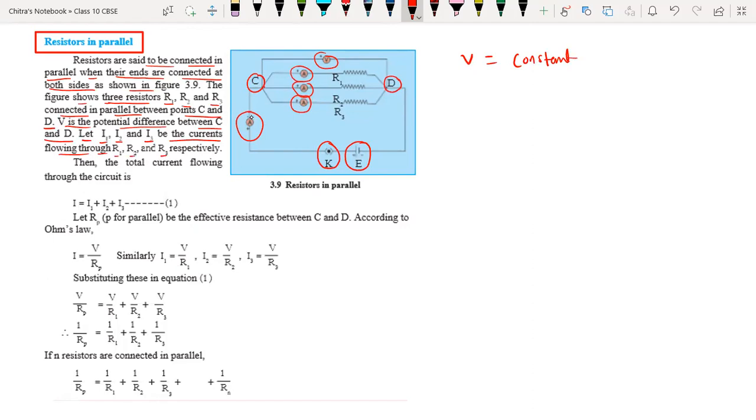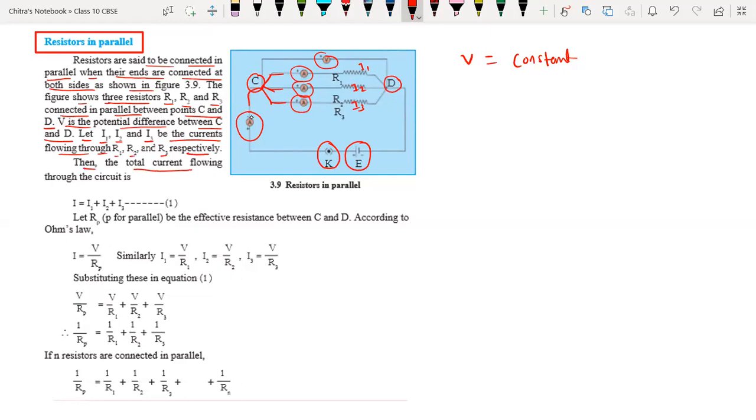See here, we have the main wire, then it splits into three parts, flowing along with the three resistances. So the current flowing through each resistor, I'm just taking for R1 it is I1, for R2 it is I2 and for R3 it is I3. So I1, I2 and I3 respectively.